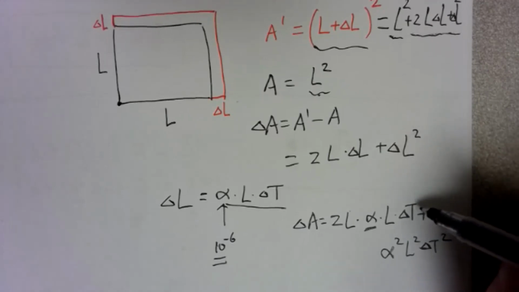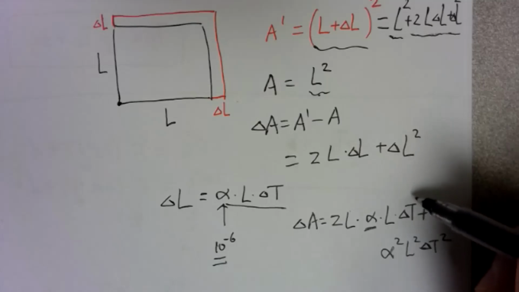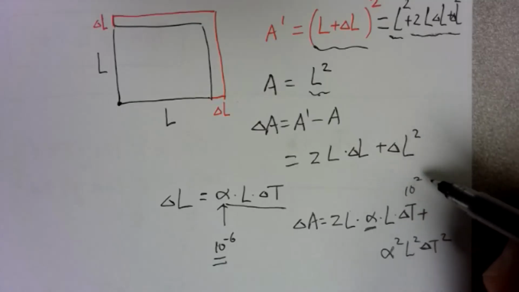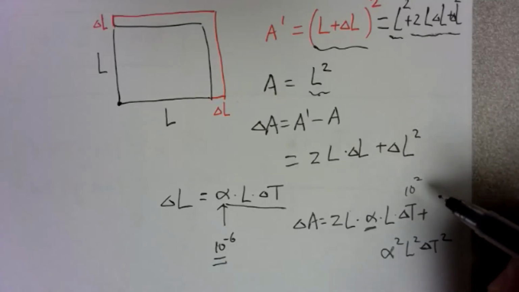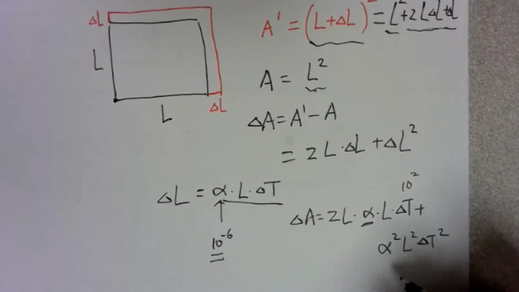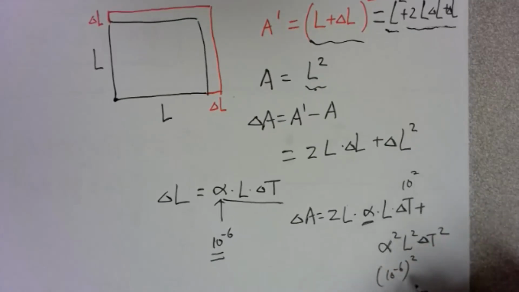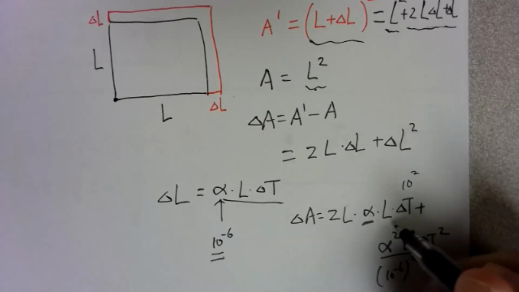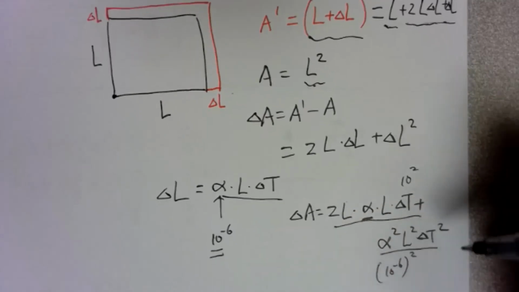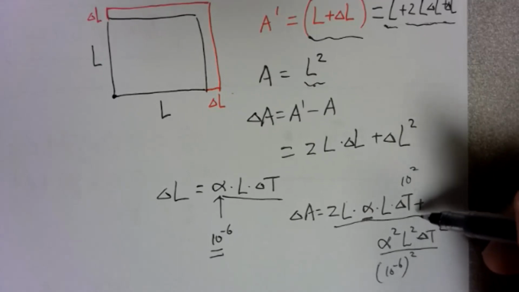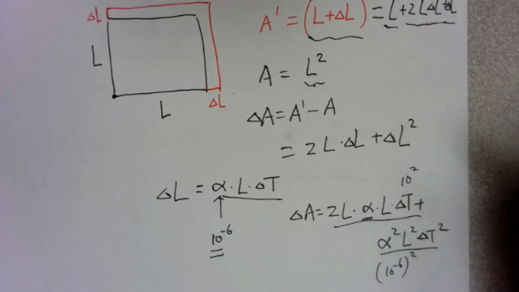It's still much smaller, or if you do like 100 degrees even, that's 10 to the 2. So it will still not be able to cancel out this 10 to the -6, 2 times of that square. So this term compared to this term will be at least thousands smaller than this guy. So then you can actually ignore this higher order.